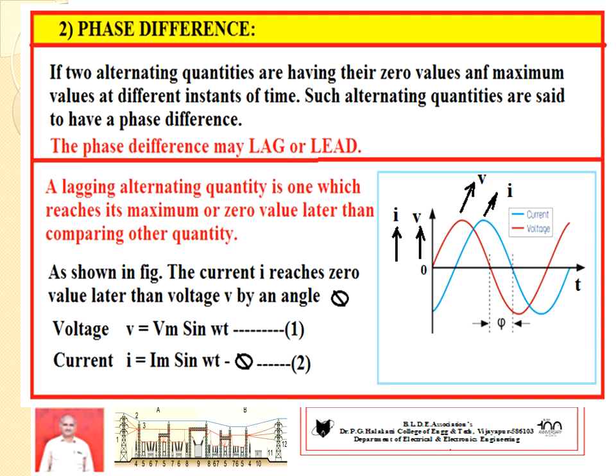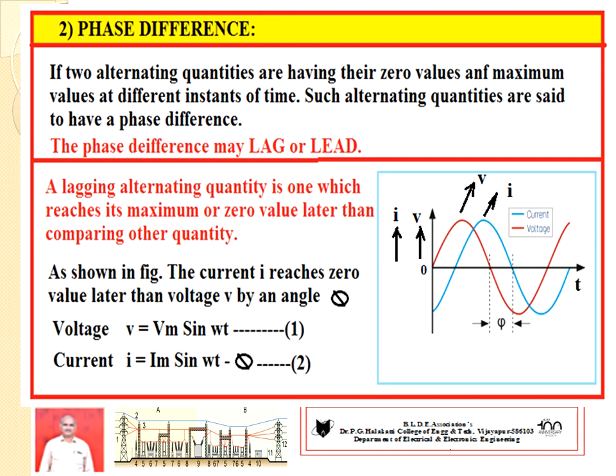As compared to engine, bogie lags. Understand? Real examples are very important. Hence, a lagging alternating quantity is one which reaches its maximum value or zero value later than the compared quantity. Lagging means after. Getting the idea? Second class comes after first class.